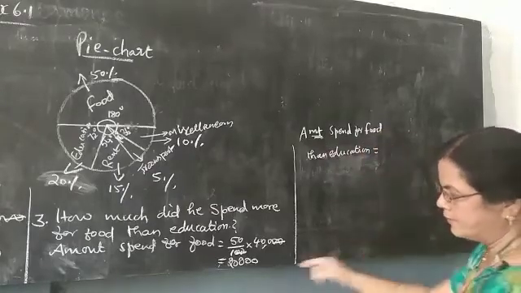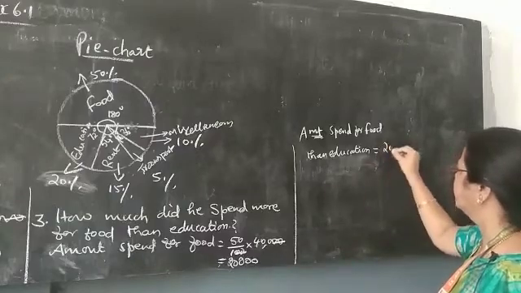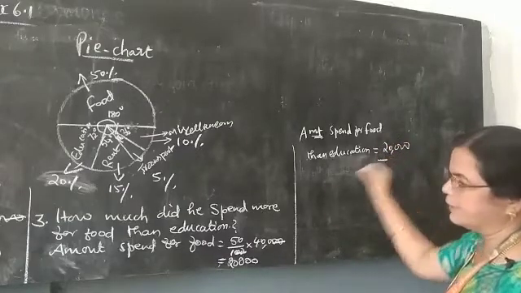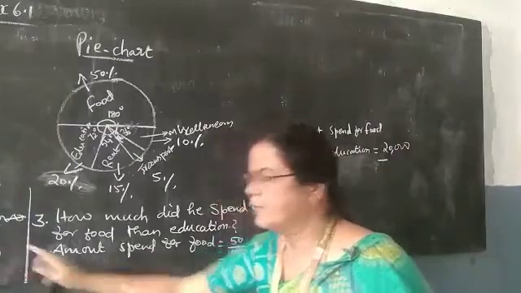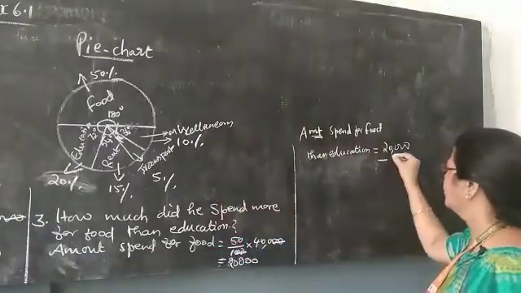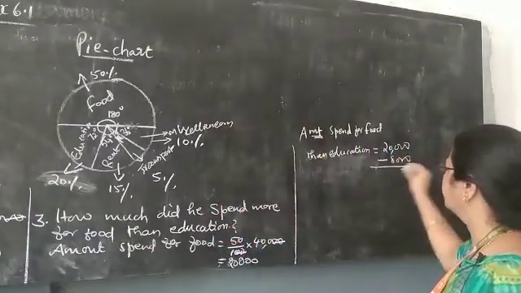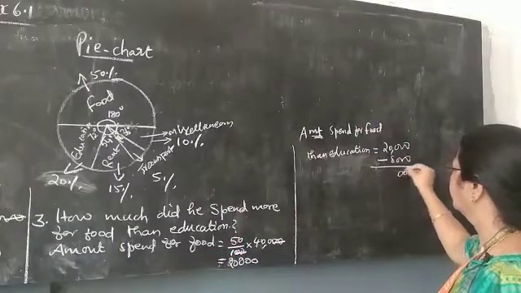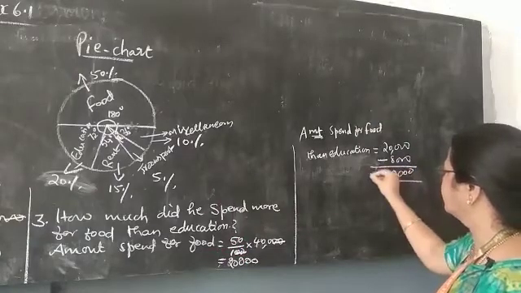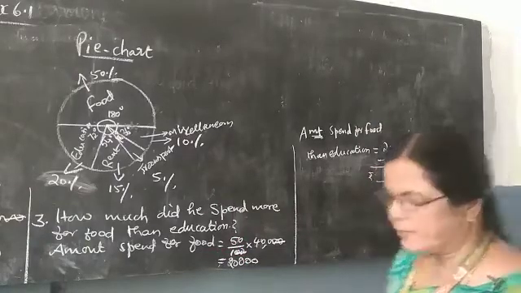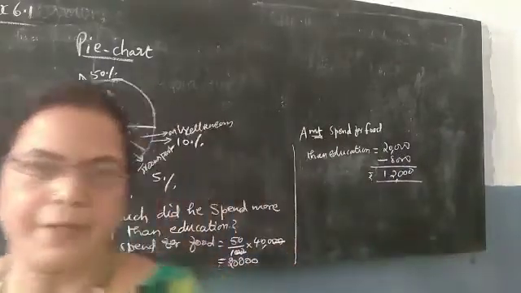Now, how much is given here? 20,000. So 20,000 minus, for education how much we got? 8,000. So minus 8,000 you will get 12,000 rupees.